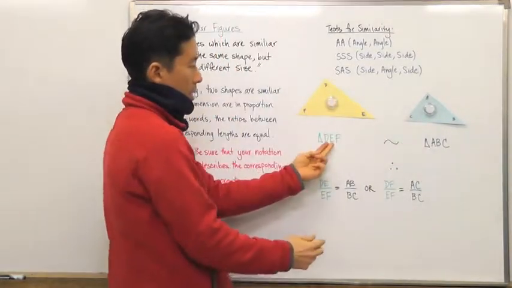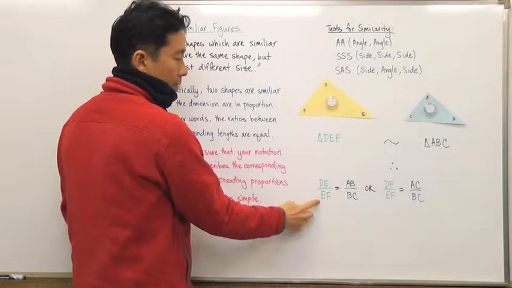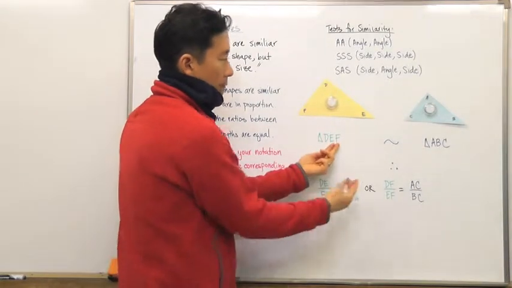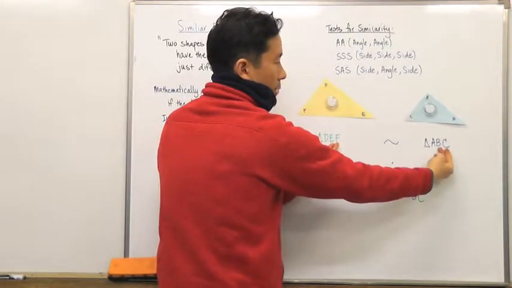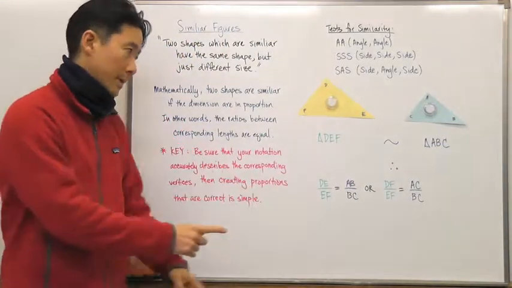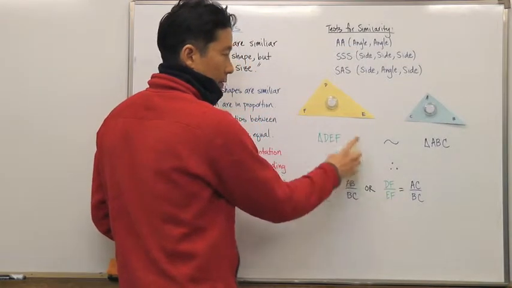So notice DE, then AB. Notice that DE divided by EF, notice the EF is right here, then that means that the corresponding side of the blue triangle is going to be BC. This proportion is correct.